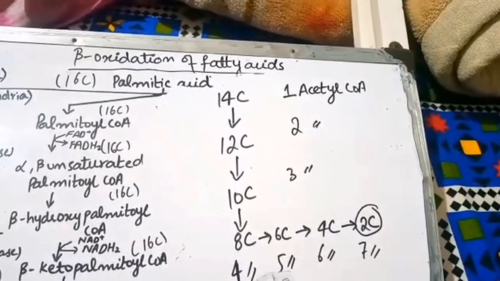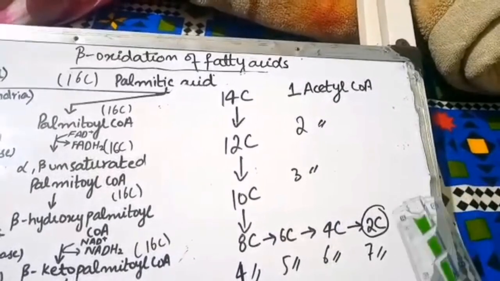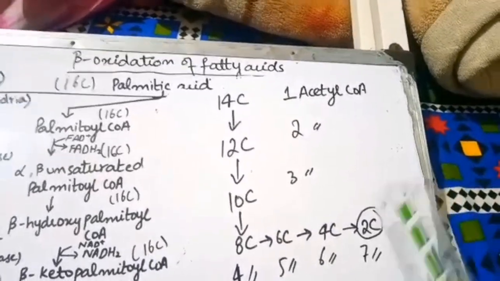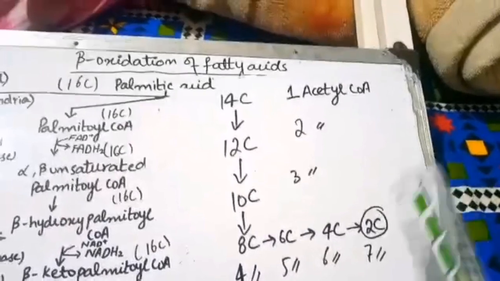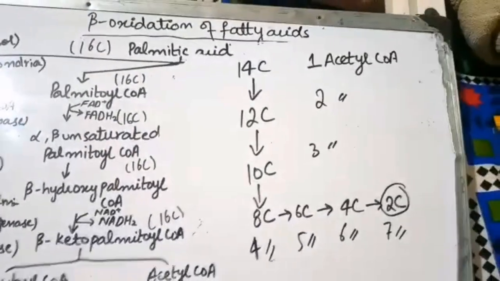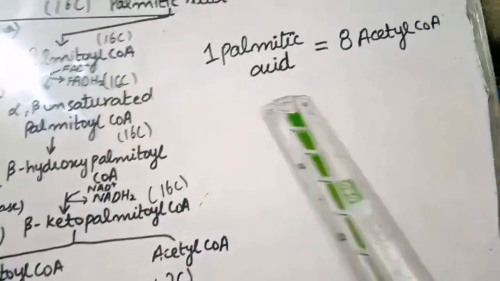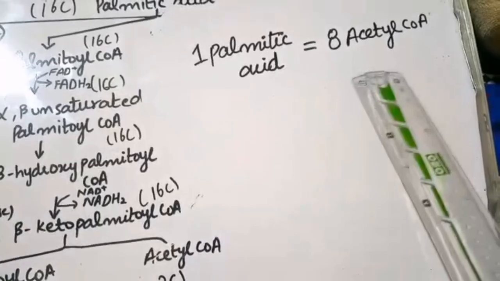So here we are having 7 acetyl coenzyme A, but this last compound, that is 2 carbon, is also acetyl coenzyme A. So in total we get 8 acetyl coenzyme A. Right, so we conclude that from one palmitic acid we get 8 acetyl coenzyme A.